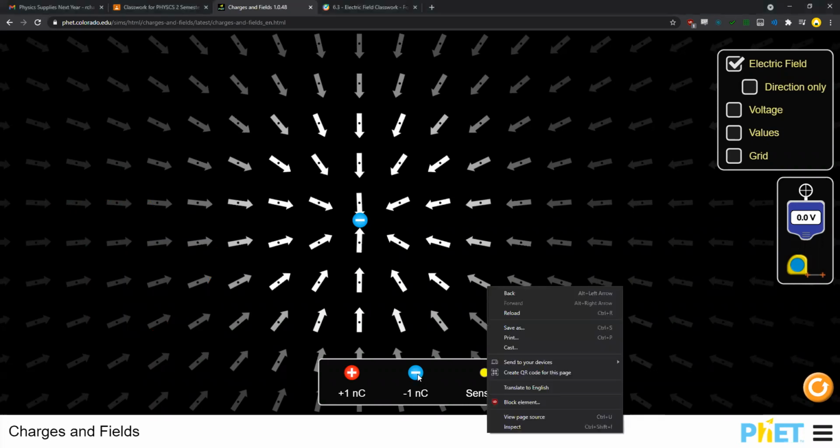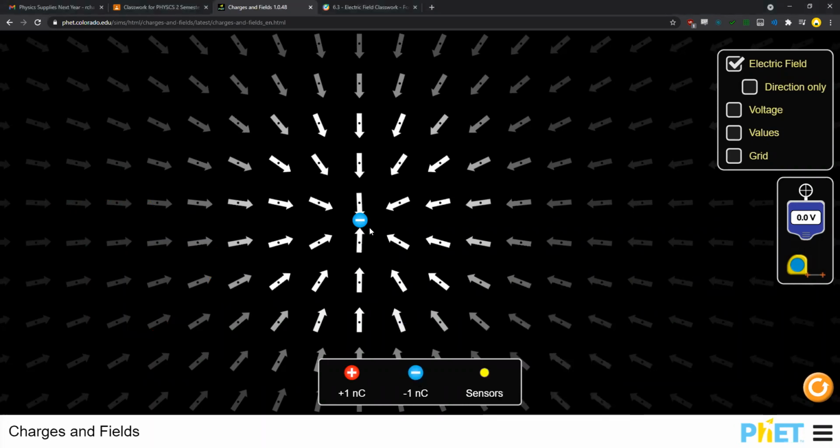But back to the original question. What do you think the electric fields will look like if you had 2 negative charges next to each other? It's not a trick question, guys. More attraction, but they're both the same charge.